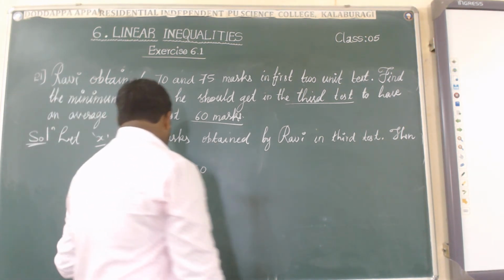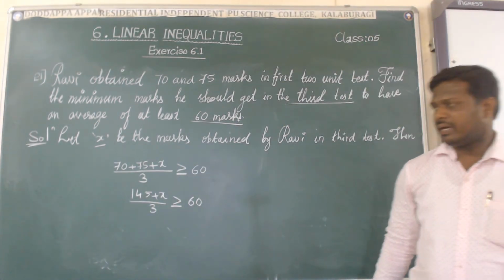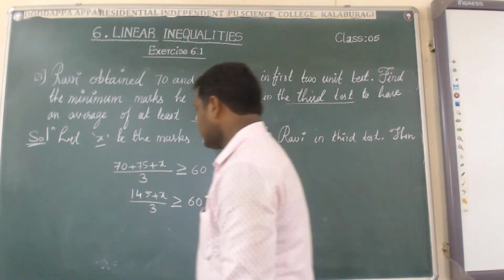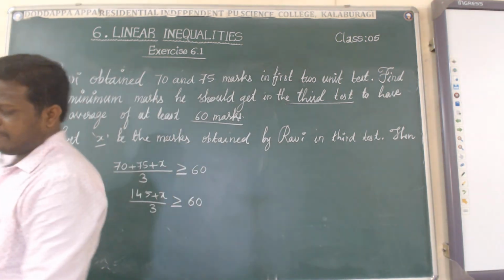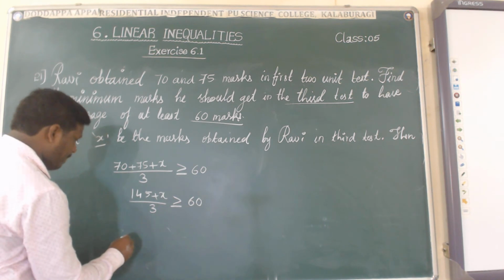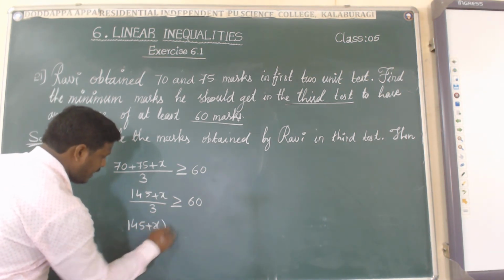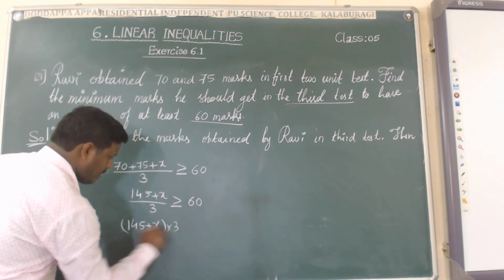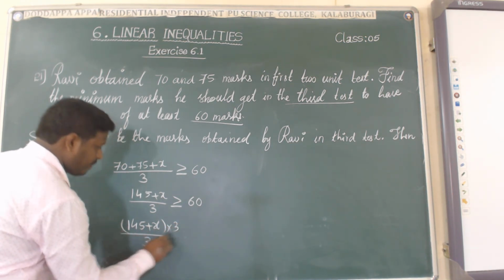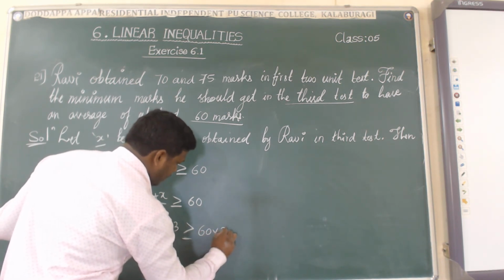Now I want to remove the 3 from the LHS side. So we multiply both sides by 3 by using the second rule. 145 plus x into 3 divided by 3 is more than or equal to 60 into 3.